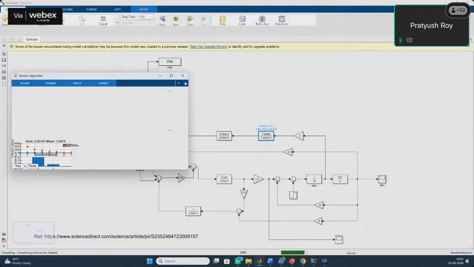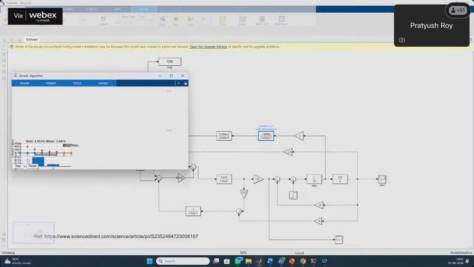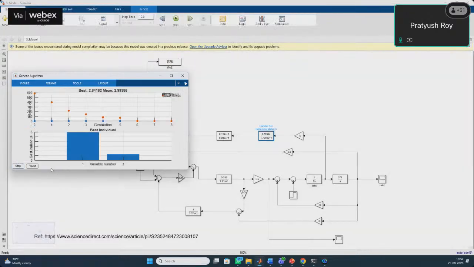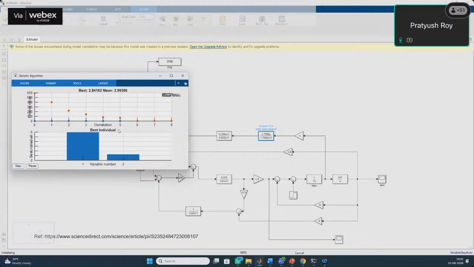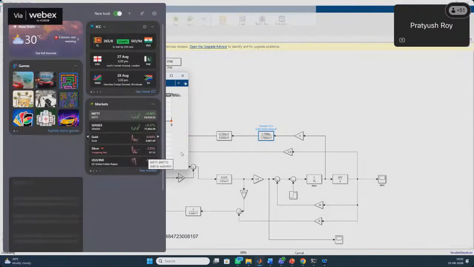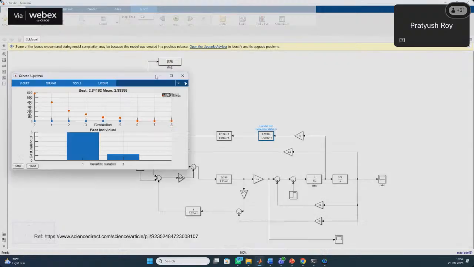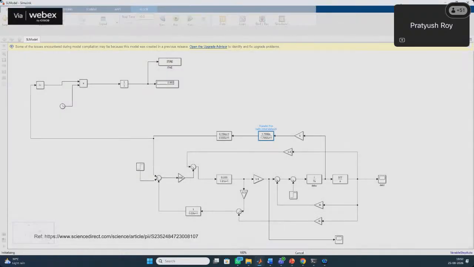Okay, you don't have to run this for the maximum number of iterations. If you are satisfied with the overall process, you can stop it then and there. Okay? So it is running now.